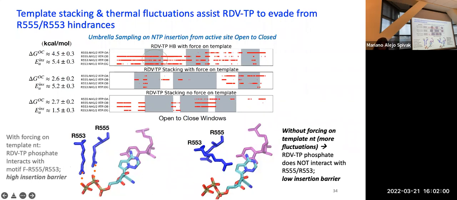When you control the template in umbrella sampling, the barrier is high because there is some kind of interaction of arginine with the phosphate. But if you just allow thermal fluctuation without enforcing the template, you can see the barrier is lower. So the message, again, is that the template is very sensitive to the incoming nucleotide.